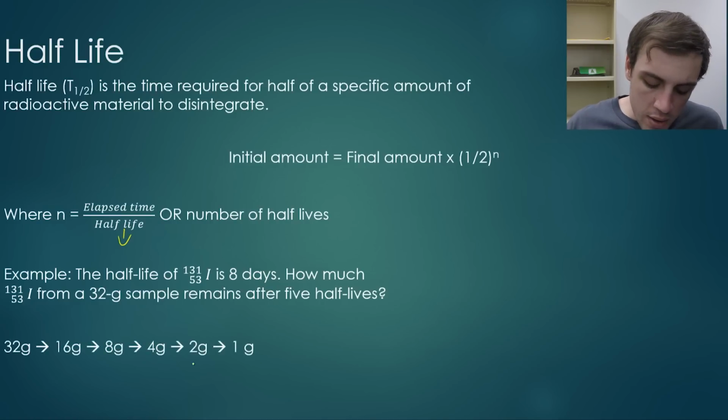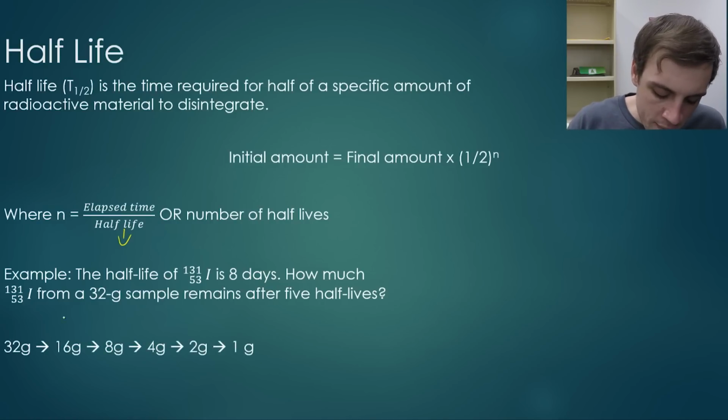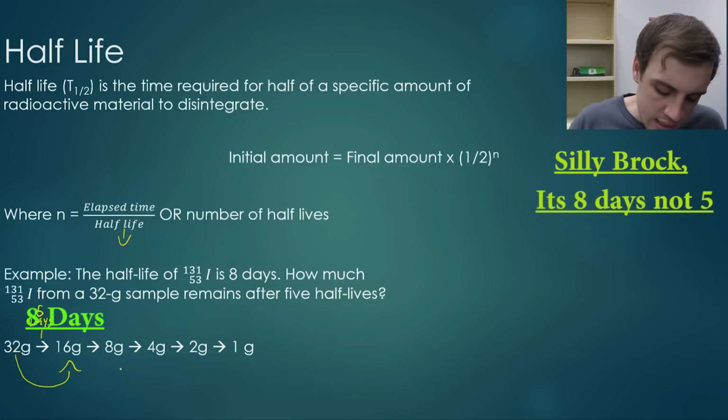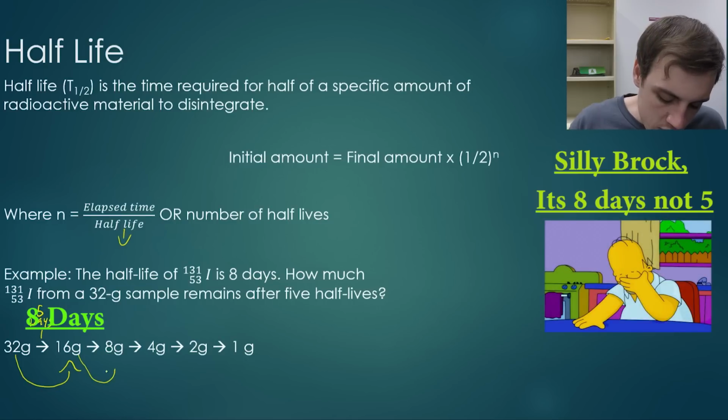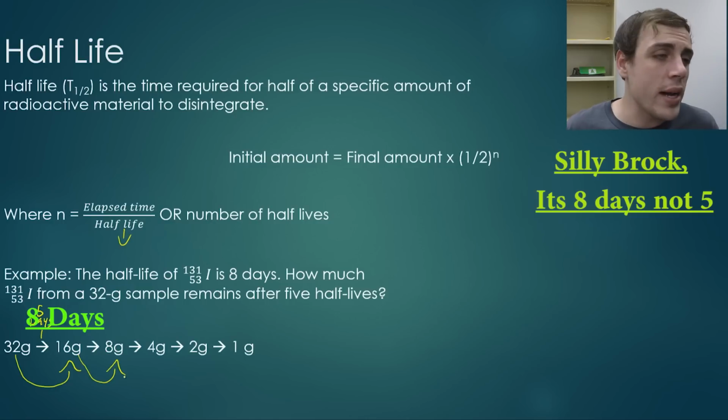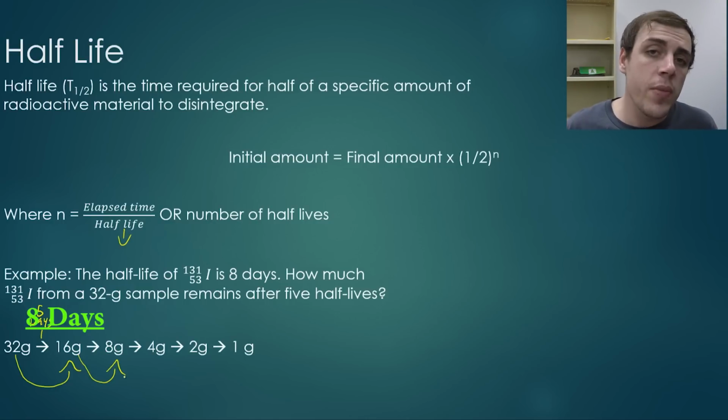This is essentially a visual representation of a half-life. Here we have 5 days. It'll be 32 grams, then after 5 days it will turn to 16 grams, and another 5 days will turn it into 8 grams. So you can jump it by hand. That's a good way to do it if you forget the formula.